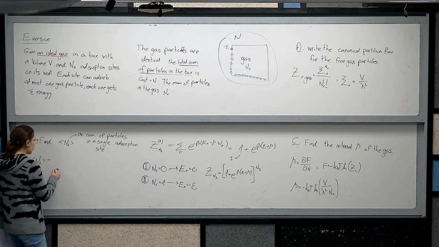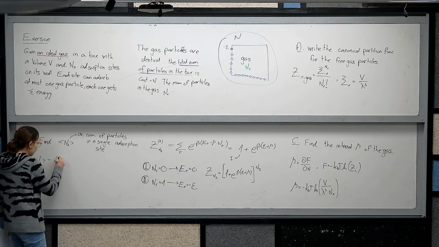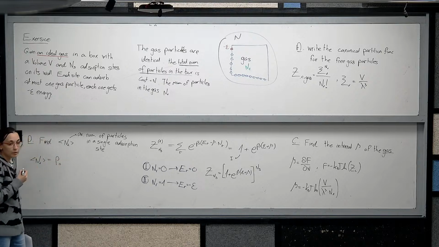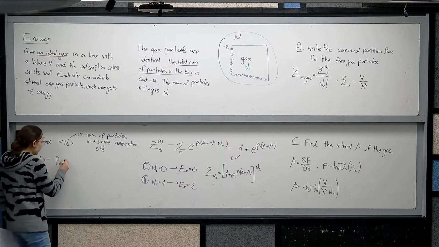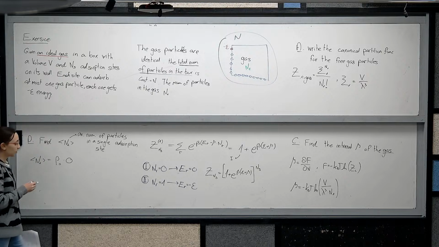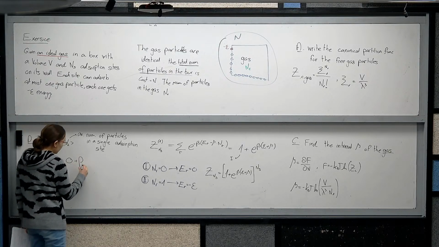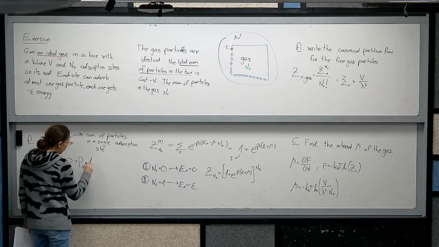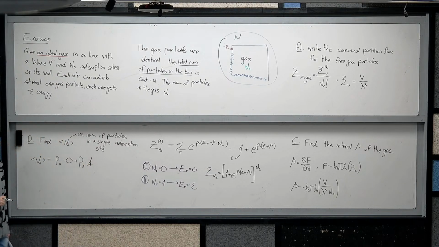So we have some probability to have 0 particles in the site times the value of 0 particles in the site, plus P1 times the value of 1 particle in the site.